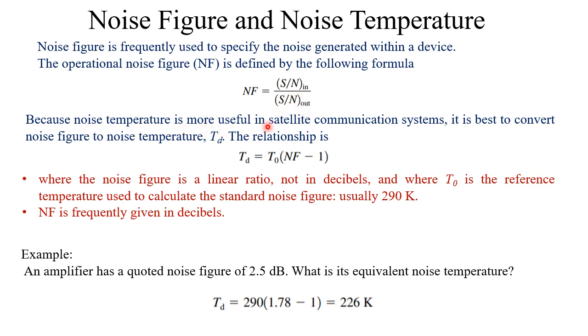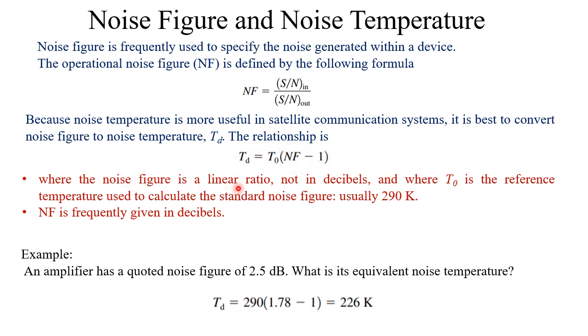Noise temperature is more useful in satellite communication systems. It is best to convert noise figure to noise temperature using this relation: Te is the noise temperature, equal to T0 into noise figure minus 1. So if something is given in terms of noise figure, you can easily convert it into noise temperature and vice versa using this expression.